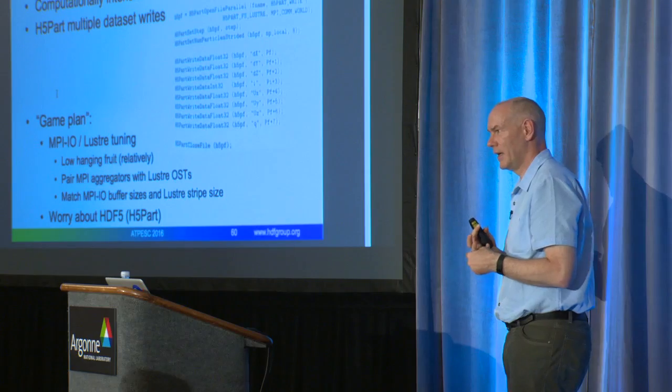So in this case, it was unavoidable. Not only did it make sense, it was unavoidable to extract an I/O kernel rather than dealing with the full simulation, because you would have waited way too long to get any meaningful information to adjust your search direction. They were also, as Rob mentioned in his presentation already, faced with the problem of multi-dataset writes that they had to deal with.